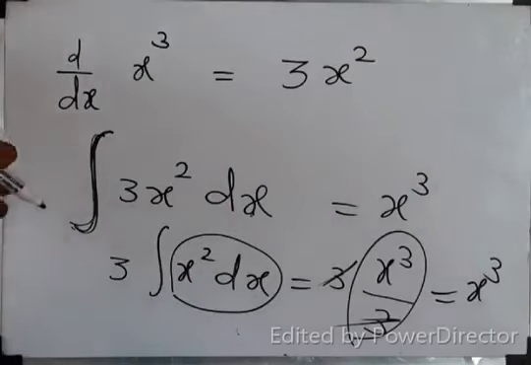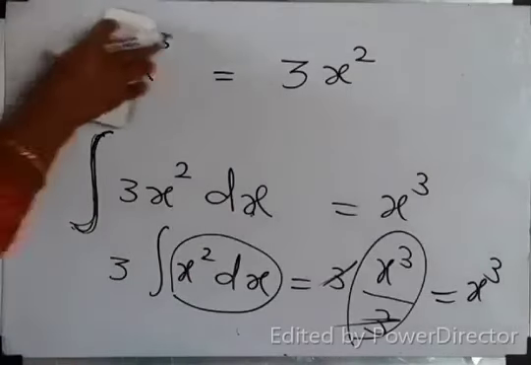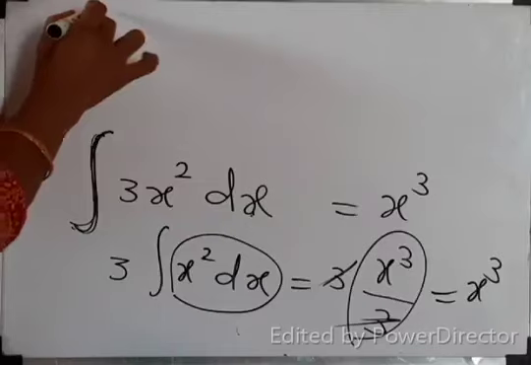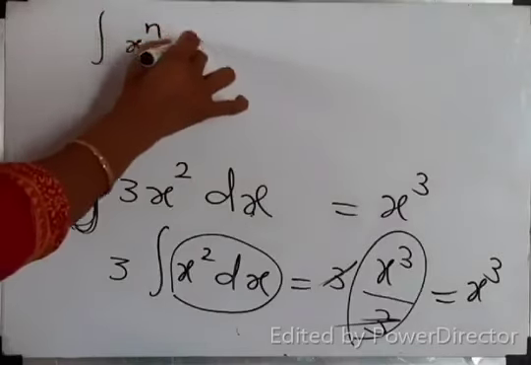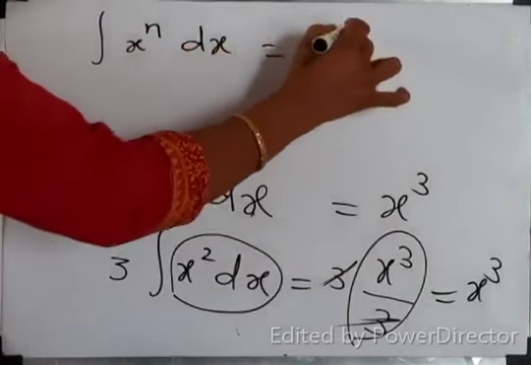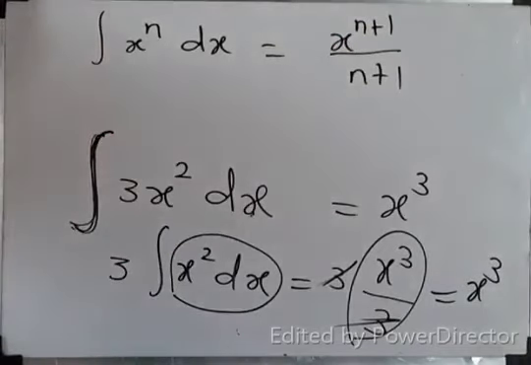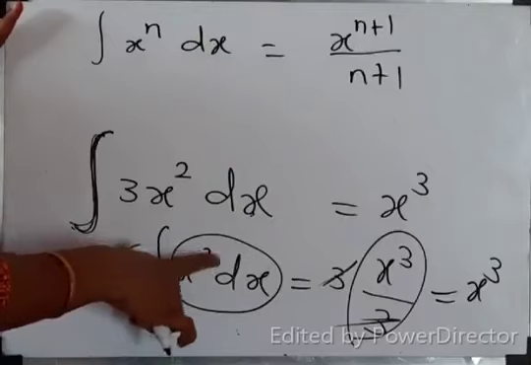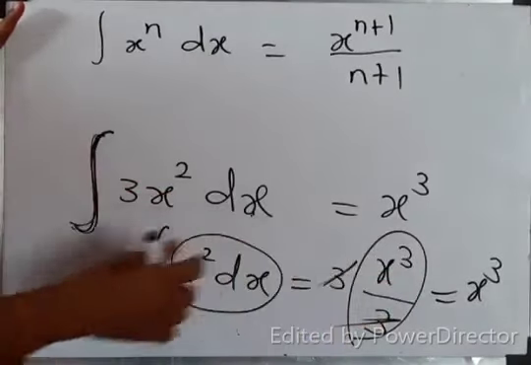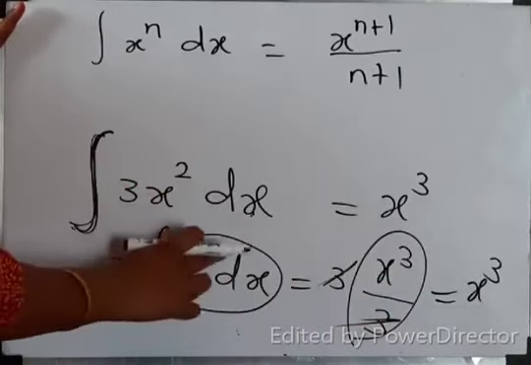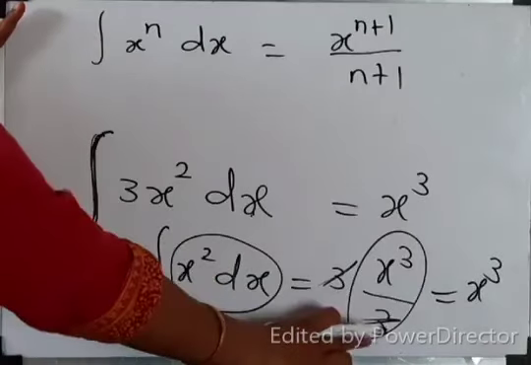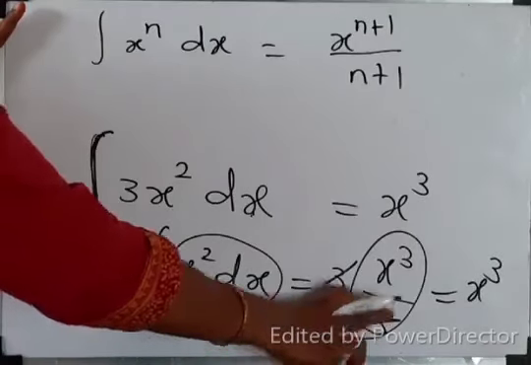Now, how do you get this? Listen now. Integral of x power n dx is x power n plus 1 by n plus 1. Do you understand? Now x square dx, what will you get? X cube by 3. You are adding plus 1 here, then again dividing by the same number.